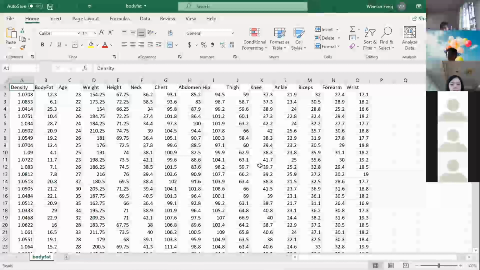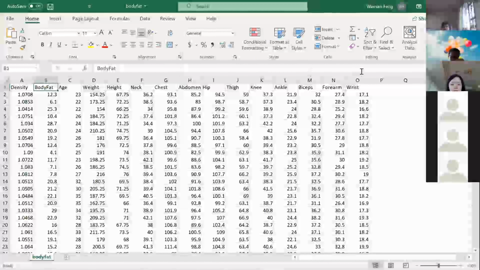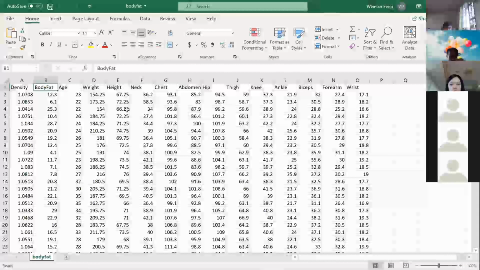Okay, so my data set is about body fat level. I have a data set with the body fat level of 100 to 200 men, along with a lot of other measurements. I know that body fat level is mostly calculated by density only. So I was wondering, is there another way I can calculate body fat using other simple measurements?